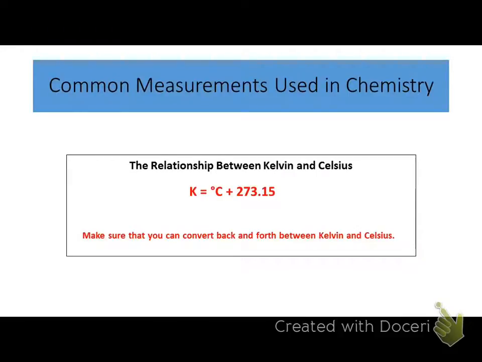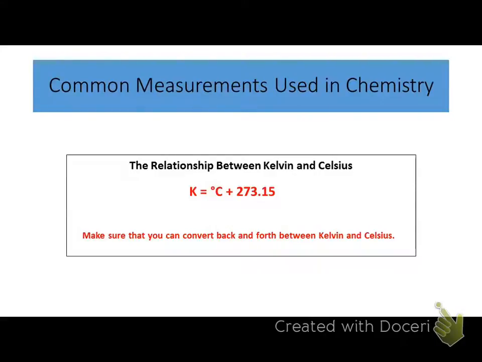All right? So the relationship between Kelvin and Celsius is this. To calculate Kelvin using Celsius, you take the Celsius temperature and you just add 273.15 to it. All right? Now, if you forget the 0.15, it's okay. But just remember 273. Always add 273 to Celsius, and that will give you the temperature of the object in Kelvin.